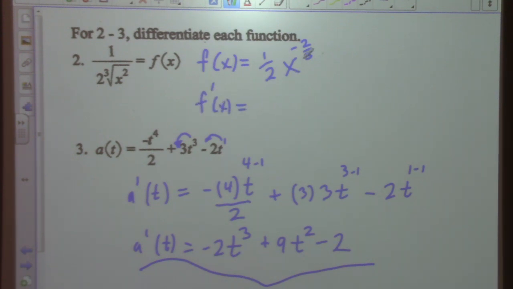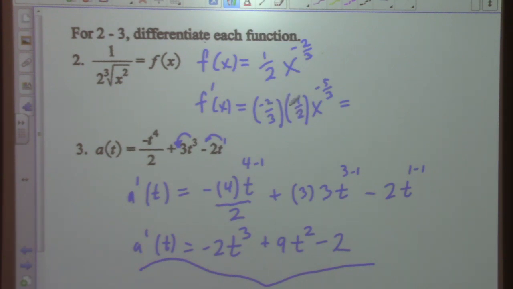And what do we do with this negative 2/3? Comes out front, times 1/2. Then we have x to the, what's going to be negative 2/3 minus 1? Negative 5/3. Is that right? Yeah, that is right. So then we just go ahead and simplify this.